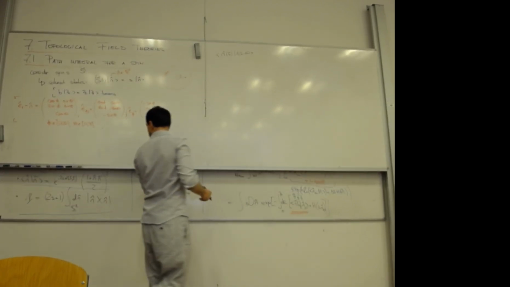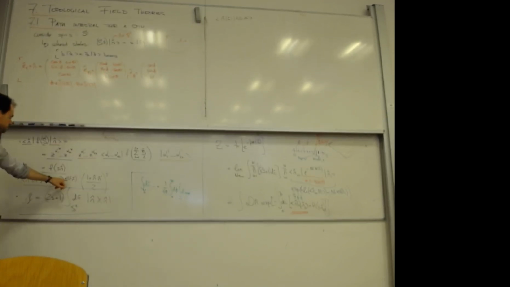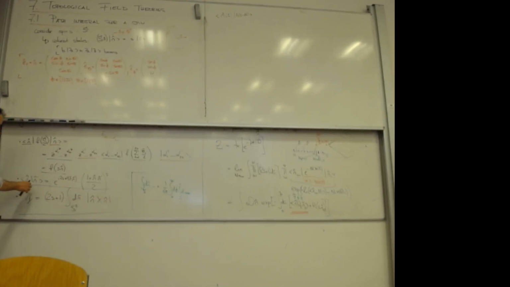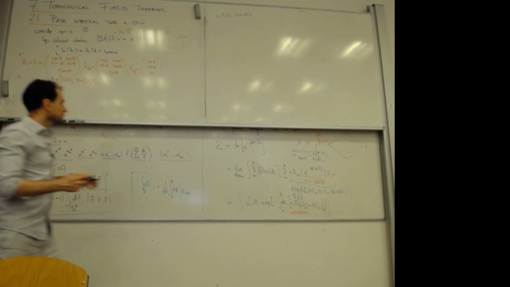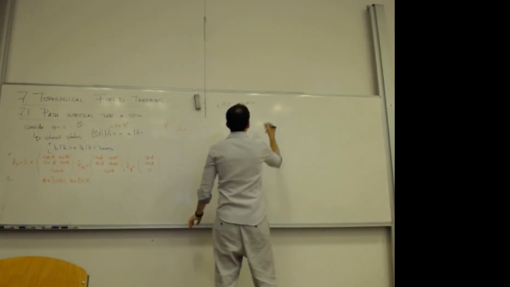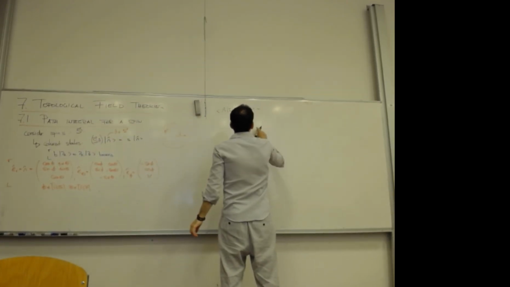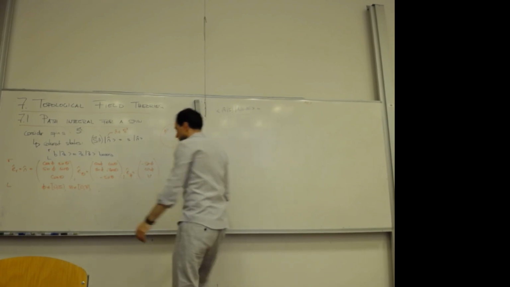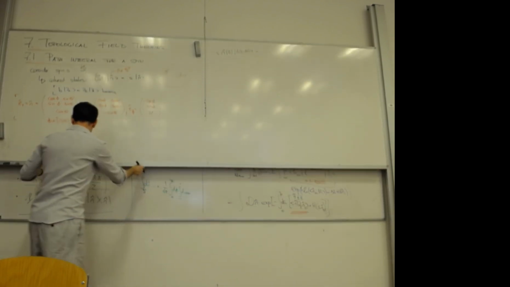So we can now use this expression here. N prime is the n of tau minus delta tau, and n is the n of tau. So if you wish, you can write this. Well, we can just use this expression here.